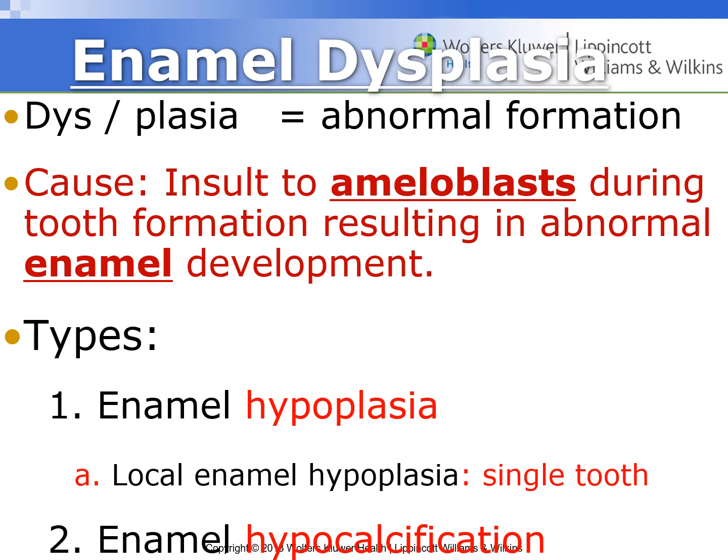Then you can have enamel hypocalcification. A lot of times these things look very much alike. Enamel hypocalcification is when there's also calcium involved in the development process, and there would be less than normal calcium that went into the enamel development.